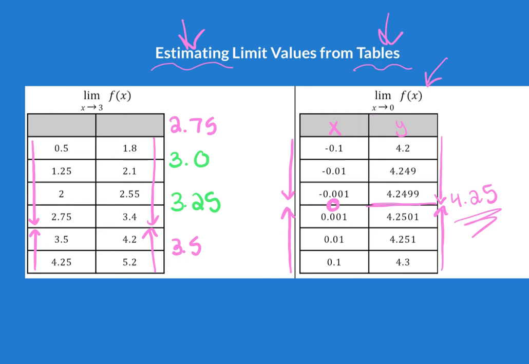So if we're looking here, we want to get to 3. Well, 3 is a lot closer to 2.75 than it is to 3.5. So now if I'm looking at my y values, 3.4 and 4.2, my estimate, I'm going to want closer to 3.4 than I am to 4.2.